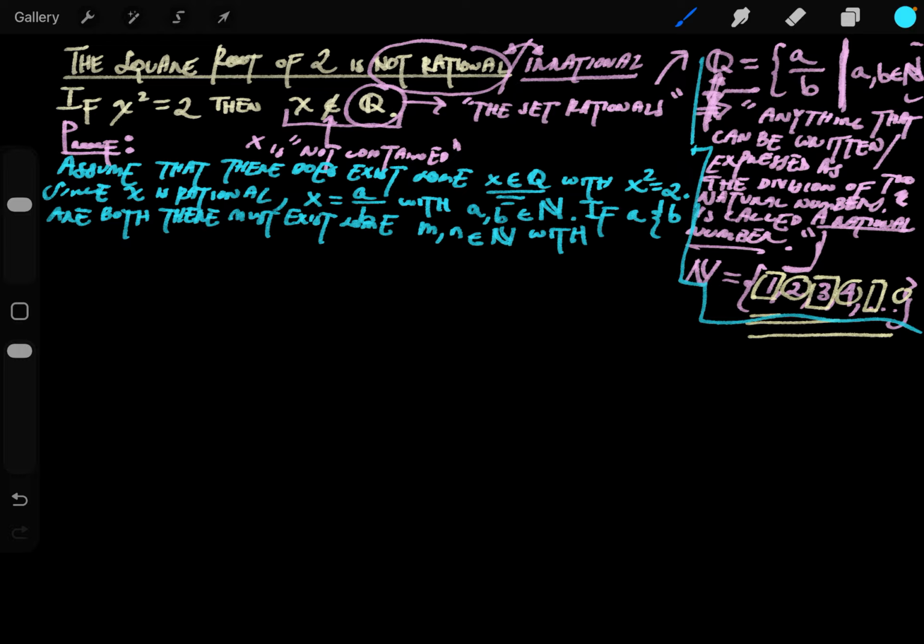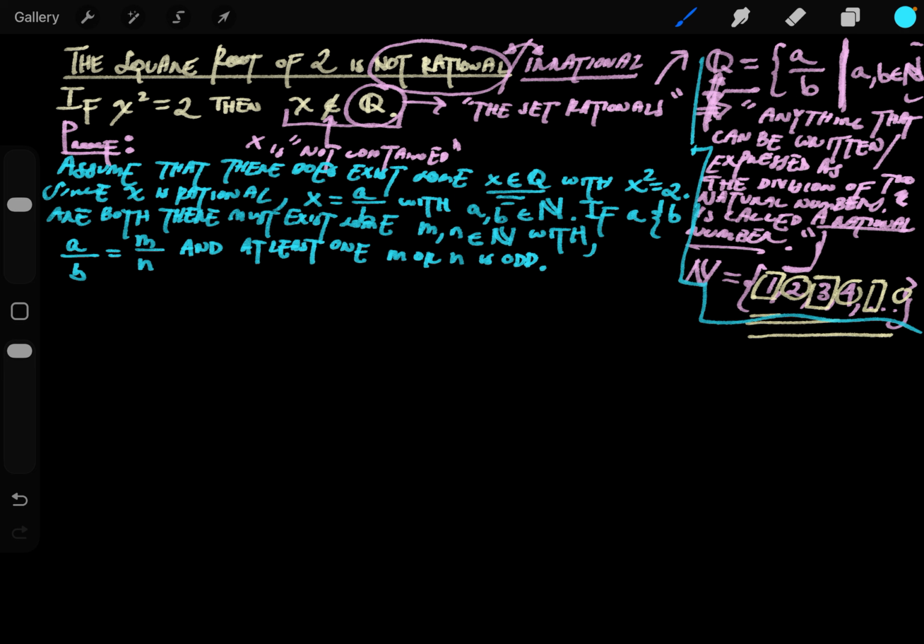What are the properties? You need that a over b equals m over n, and at least one of m or n is odd, or not even. It could be both, but at least one.